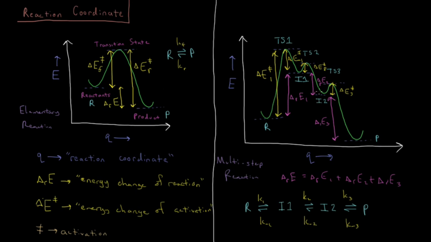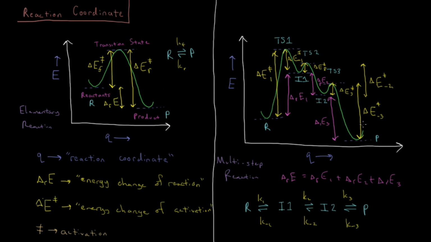Going from intermediate 2 to intermediate 1, the reverse reaction 2, you'd have to pass, I'm going to put this on the outside there, delta E of activation minus 2, giving us rate constant minus 2. And also, you have the reverse here, going from products to transition state 3, reverse reaction 3 from P to I2, delta E of activation minus 3.